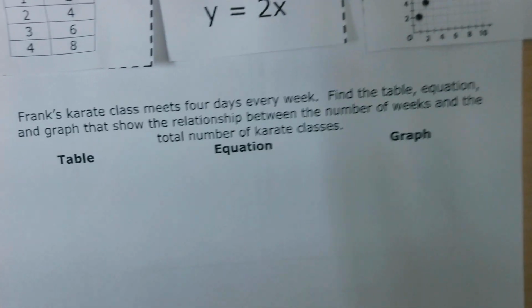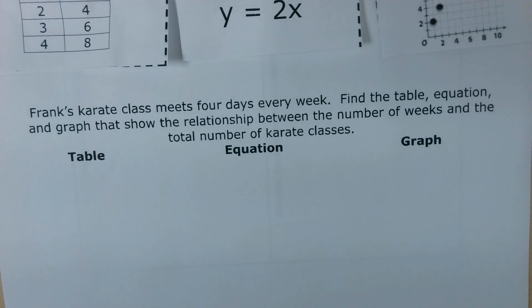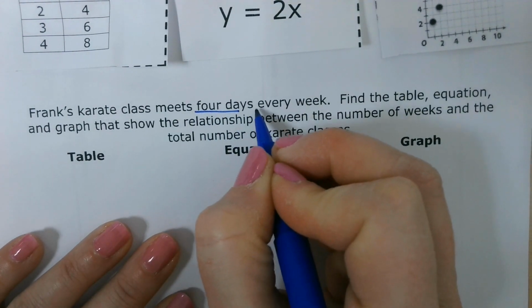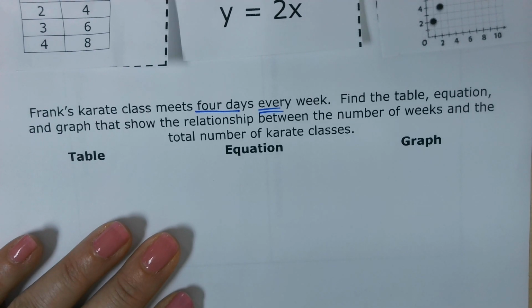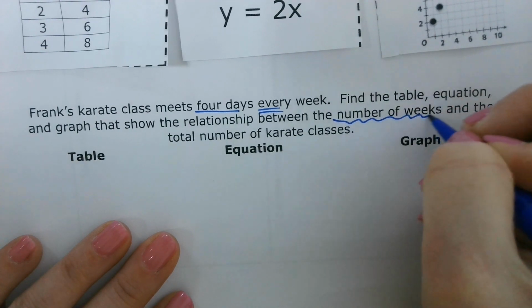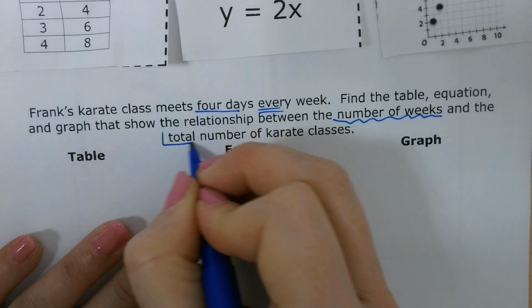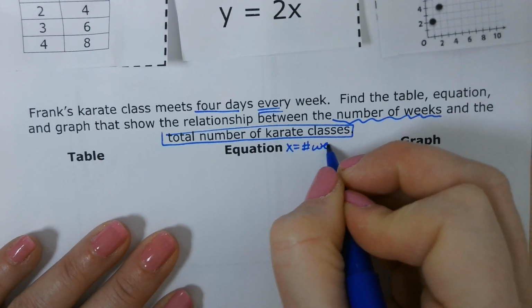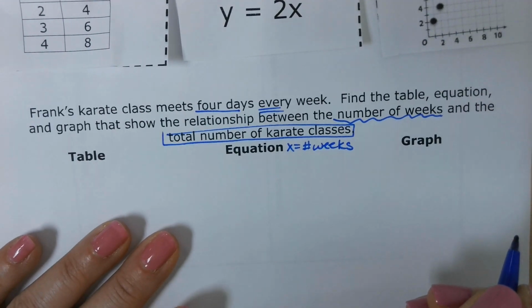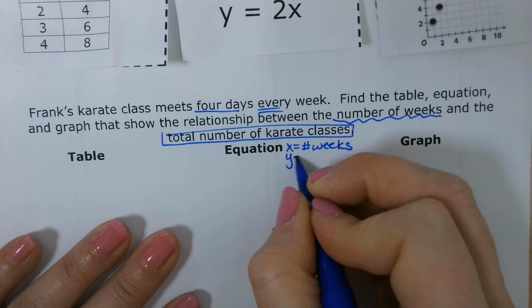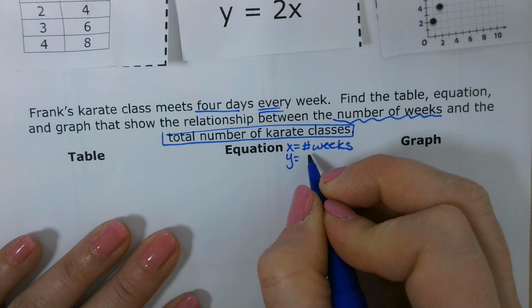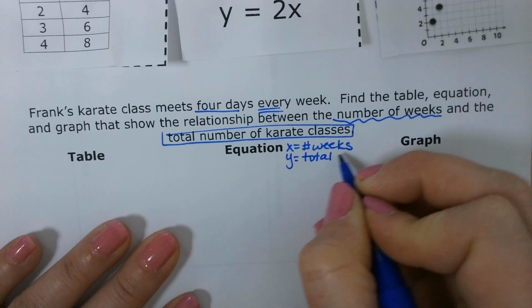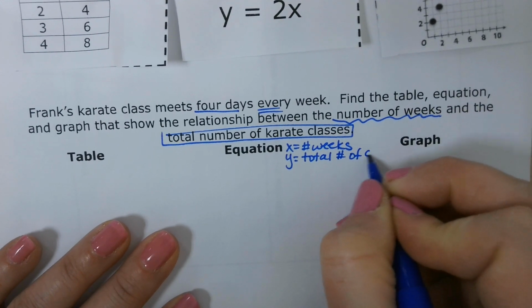All right, and then the last one, Frank's karate class meets 4 days every week. There's another keyword. We have 4 days and we have every week. So those are our keywords. We're going to find the relationship between the number of weeks, that's going to be changing, and the total number of karate classes. So our number of weeks will be our input or our independent variable, and our y will be our output or our answer, and it's the total number of classes.